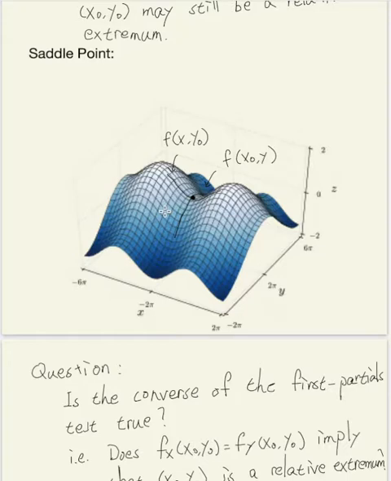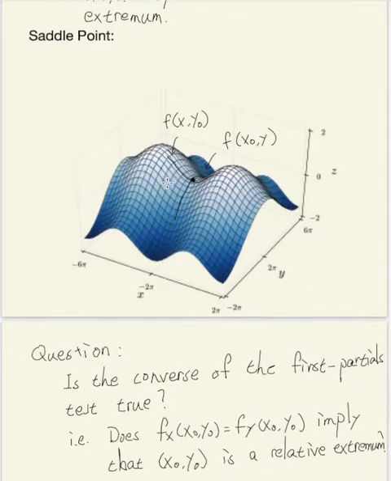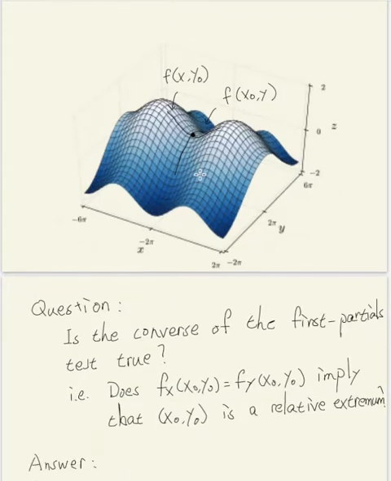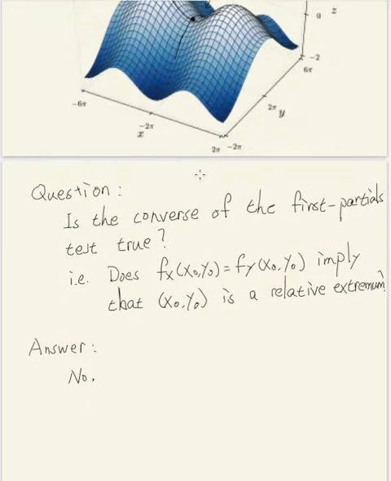And that again implies f partial x is 0 at this point. So we see that even though it satisfies the conditions f partial x and f partial y are both 0, this is not a relative extremum, right? Because it's neither a minimum or a maximum. It's a maximum on this trace, but a minimum on this trace. So that means it's neither. Because in any neighborhood around it, you can find points that have smaller values than it and points that have larger values than it. So that's what we call a saddle point.